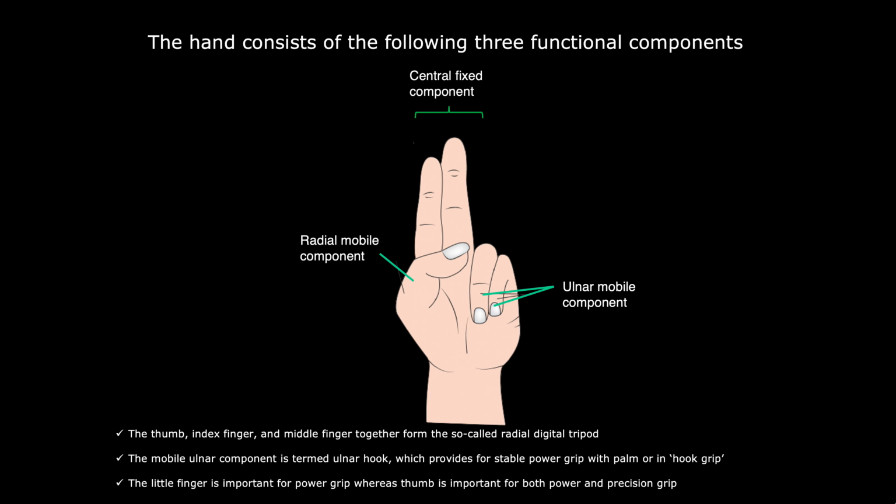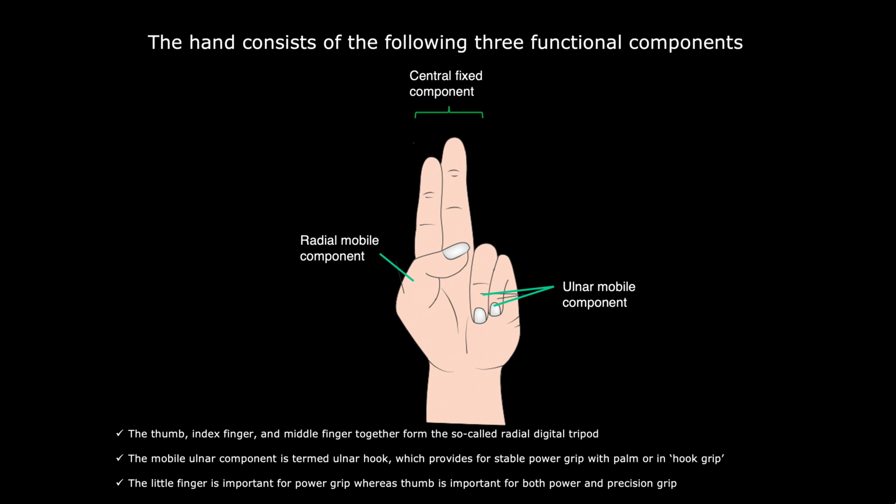The radial mobile component is the thumb and index finger together. My thumb and index finger work together, and this coordination makes the radial digital tripod. My mobile ulnar component is termed the ulnar hook, and it provides a stable power grip with the palm or in a hook grip.